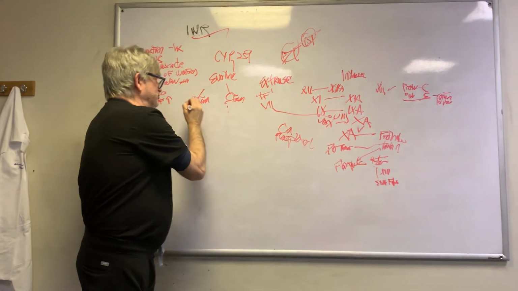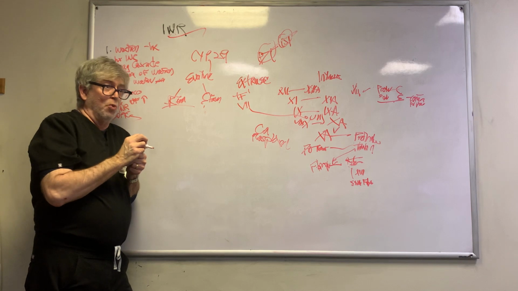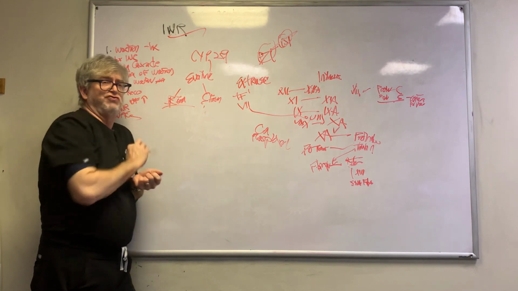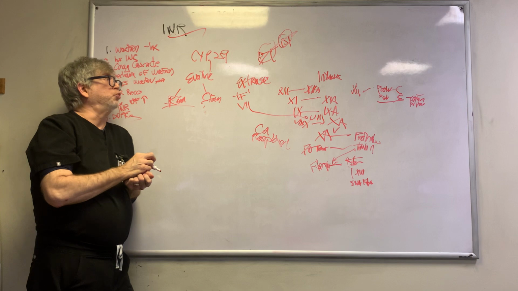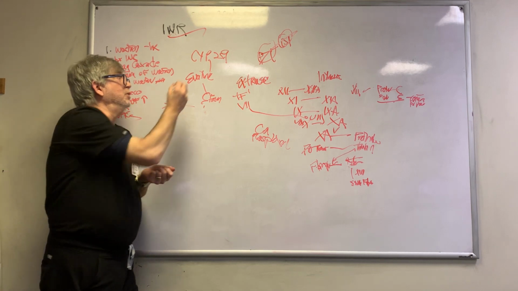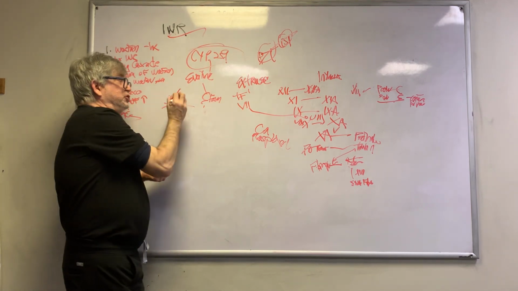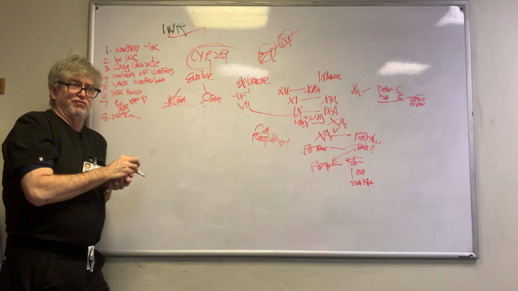The R form is less potent, and the S form is more potent. Certain drugs that interact with warfarin are metabolized by the CYP2C9 enzyme, and they shift it from the R form to the S form.